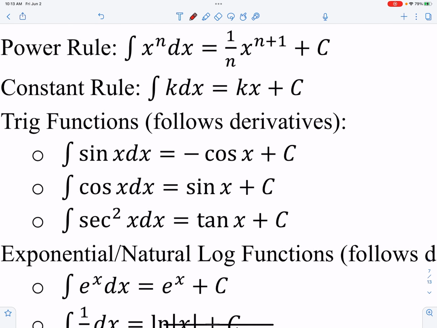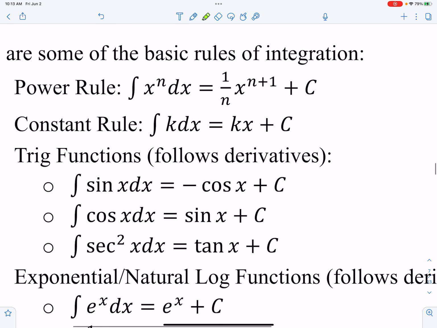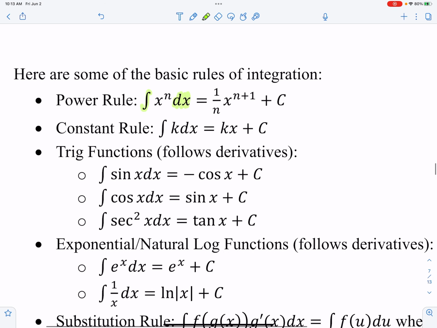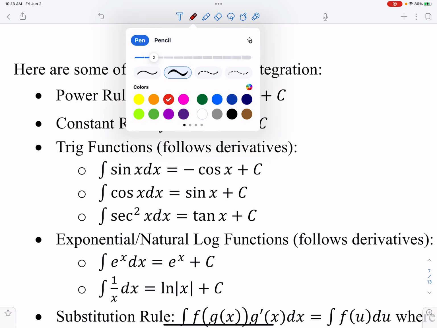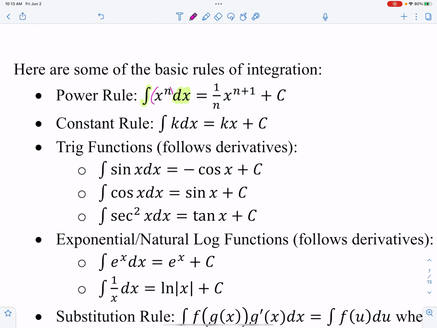Now, what else is super important is your notation. If you are integrating, you have to have the integral symbol as well as the differential dx, okay? And then whatever the integrand is, so whatever it is that you are integrating, if there are multiple terms, you need to have parentheses or some sort of a grouping symbol around the integrand.